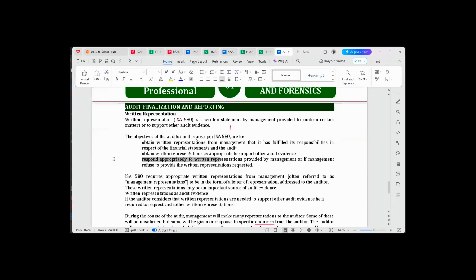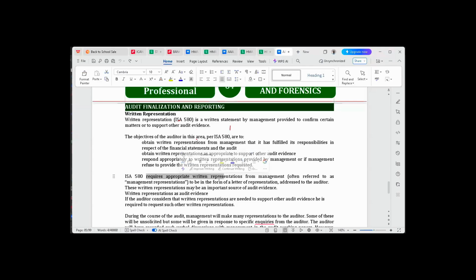Now, the relevant standard for written representation is ISA 580. ISA 580 addresses written representation or letter of representation. The standard requires appropriate written representation from management. That is the management that is responsible for providing the representation, not the auditor.